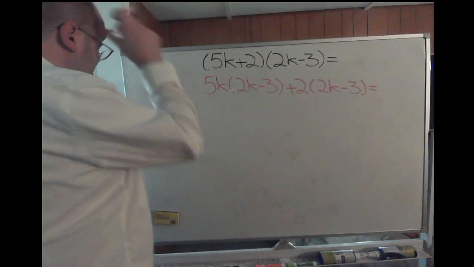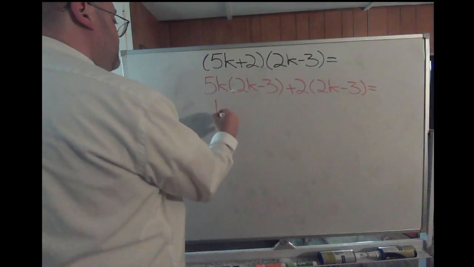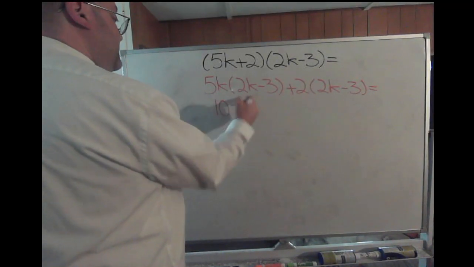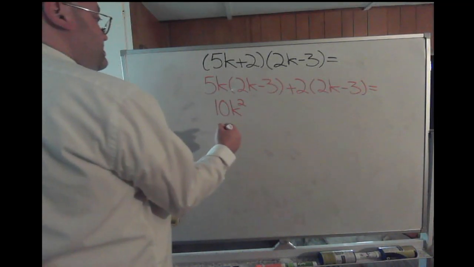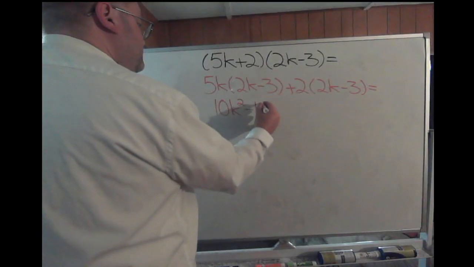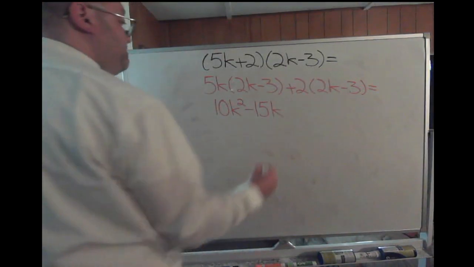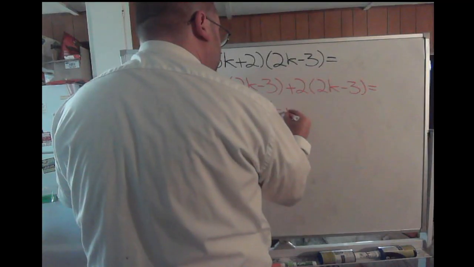Okay, so now you're going to take your 5k times 2k. 5 times 2 is 10. K times k is k squared. So you'll get 10k squared. Then you have 5k times negative 3, that'd be negative 15k, so minus 15k. Then you have plus 2 times 2k, that'd be plus 4k.